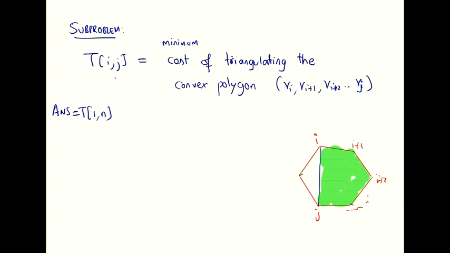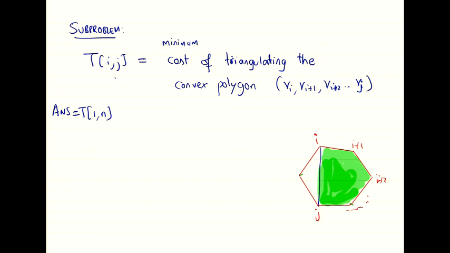You're only interested in this section of the polygon from i to j, and you want to figure out the optimal way of cutting this section into triangles.